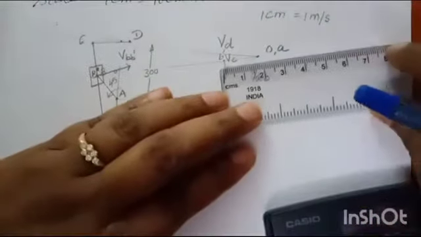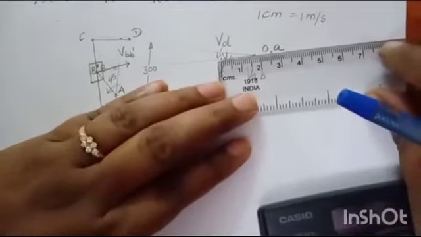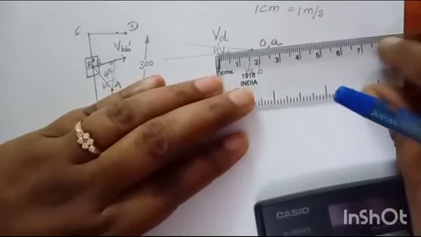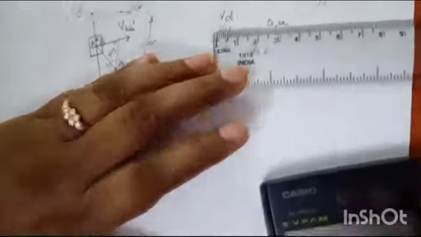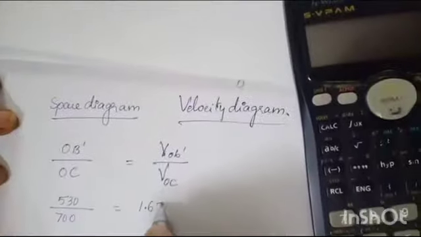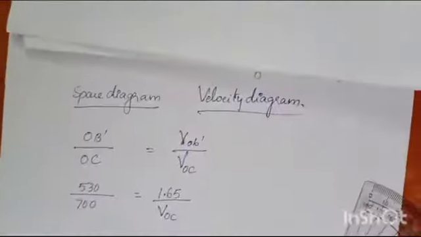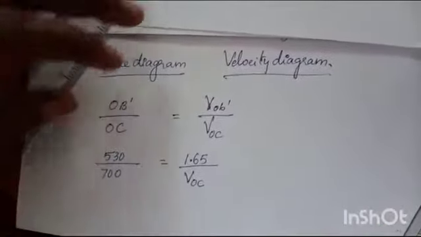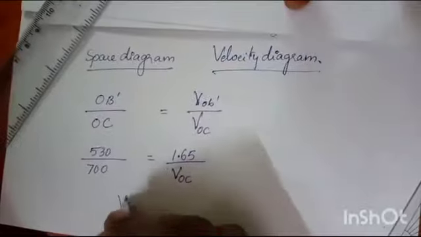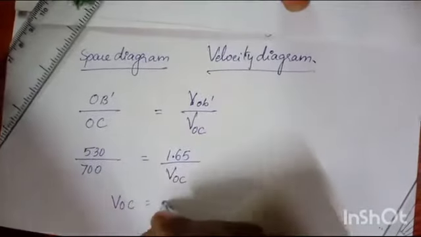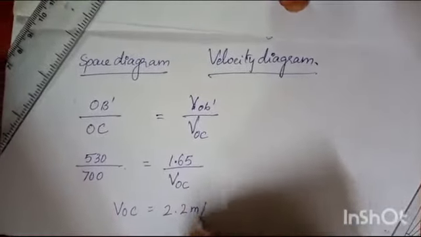Once again you just measure this, 1.65 exactly. So take this 1.65 divided by VOC, now you can get it. From this relation, the VOC is equal to 2.2 meter per second.